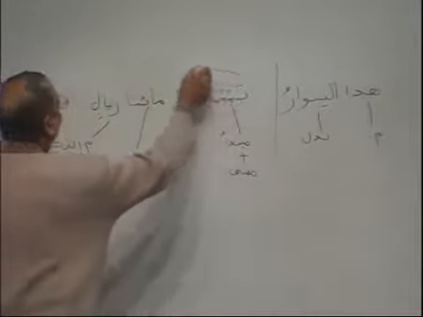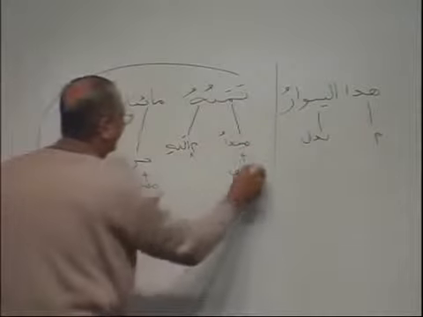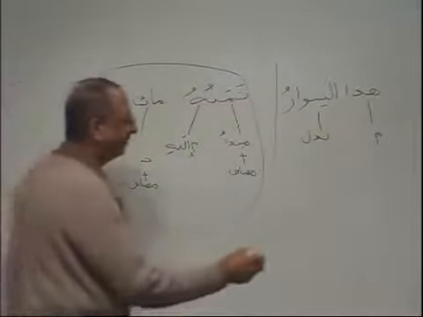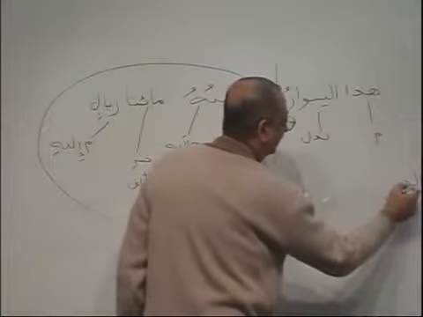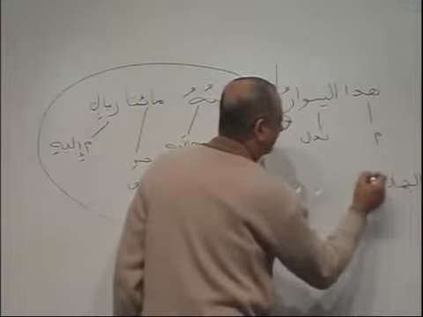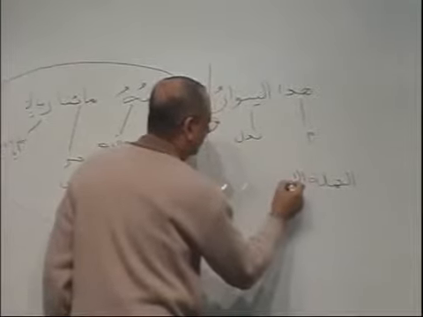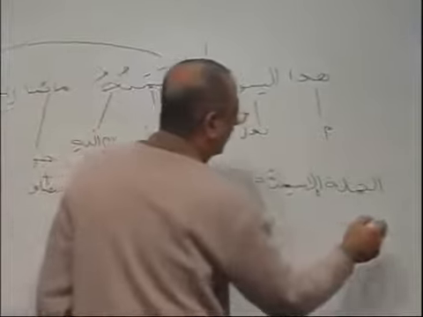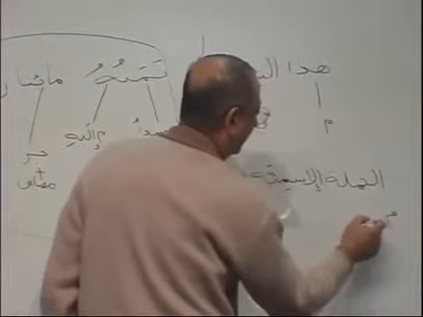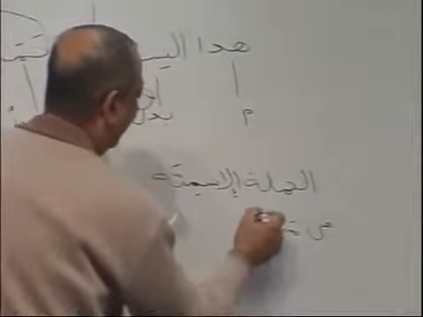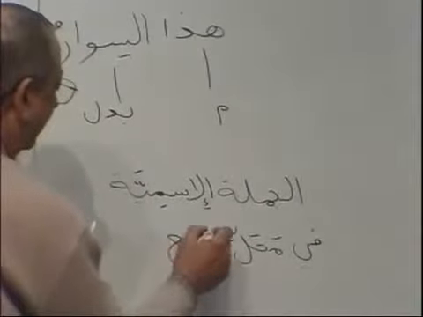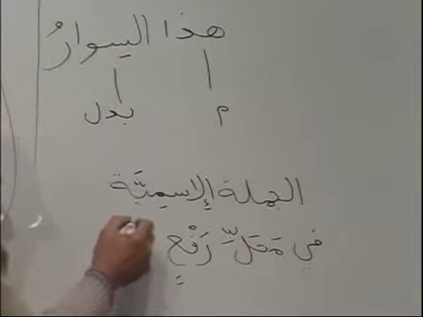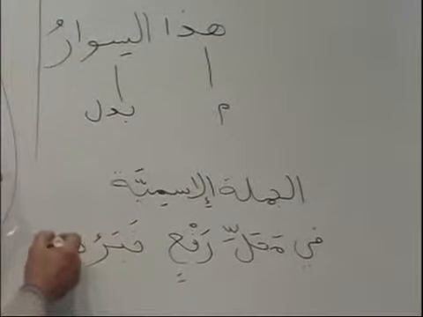Now this whole sentence, what kind of a sentence is this? Then I will write down, brother. Al-jumlatul ismiyatu fi mahalli raf'in, khabaru haza.